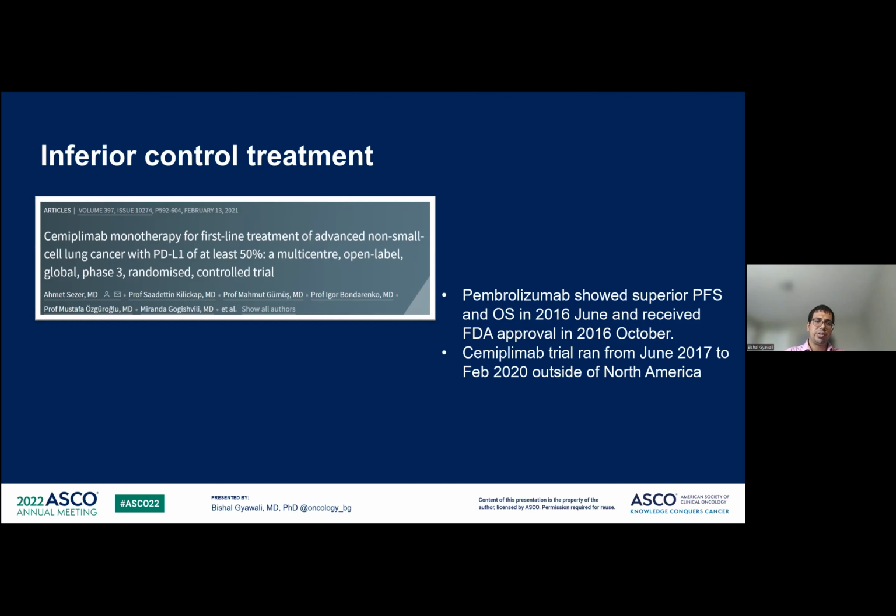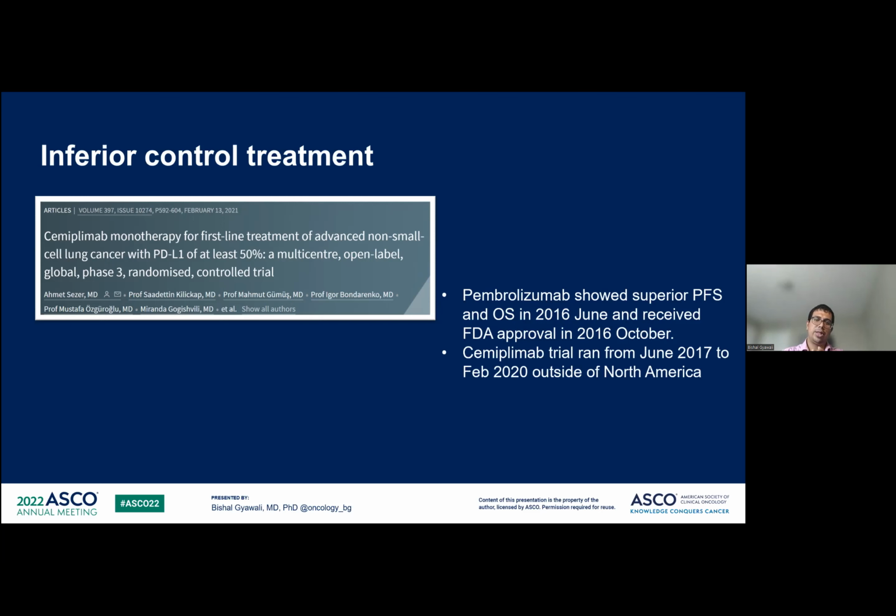But then they're in a trial of cemiplimab. Cemiplimab is a me-too, another version of immunotherapy. It's like pembrolizumab. And obviously, we already know that pembrolizumab is beneficial. But when they ran this trial for cemiplimab, they used a control arm of chemotherapy.